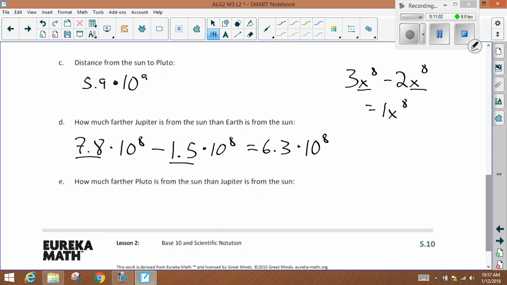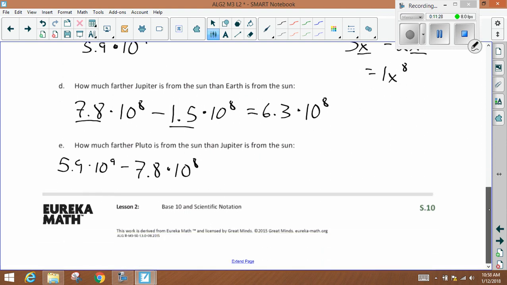What would we do if the exponents were different? That is a fantastic question. We're going to do that right now. All right? So Pluto and Jupiter. So that means I got to go Pluto minus Jupiter, and now we have that problem, right? These exponents are different.